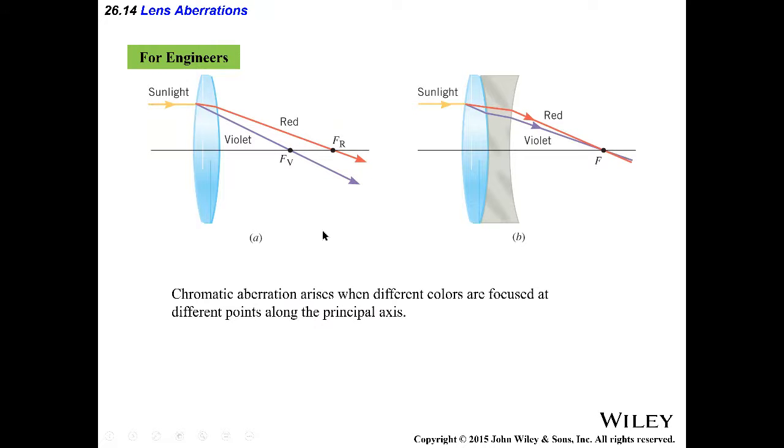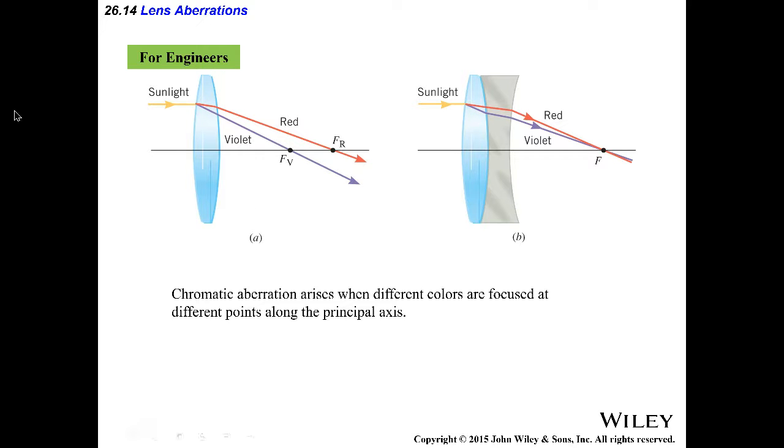And when we come to chapter 27, we will begin to learn some of the basic things that can happen to your image as a result of the fact that light is not just a single color. Light is a mixture of colors. Light has violet, indigo, blue, green, yellow, orange, red.